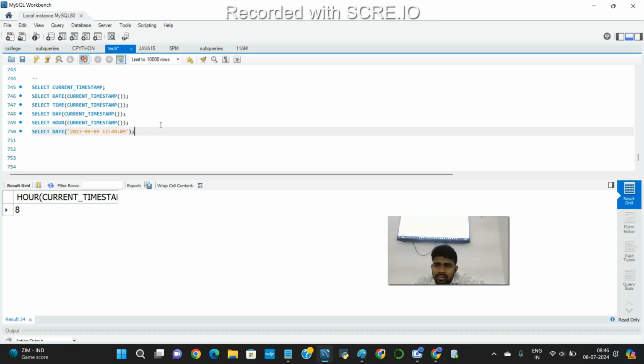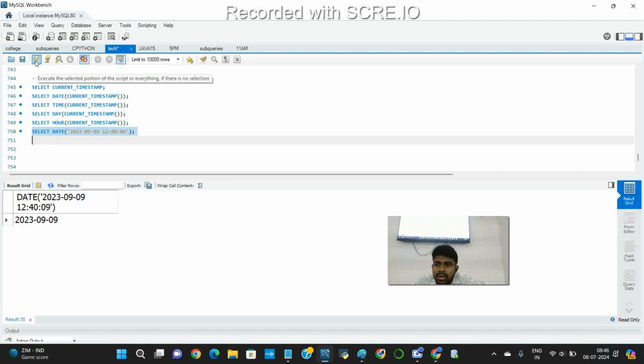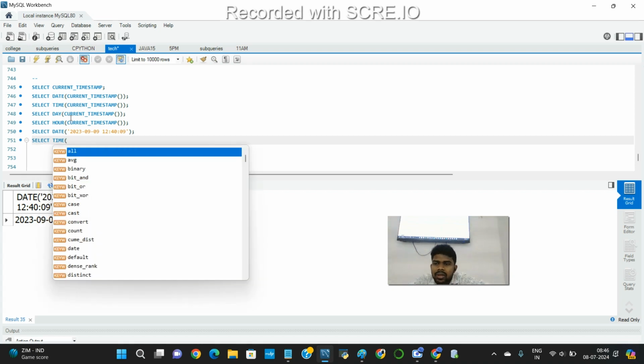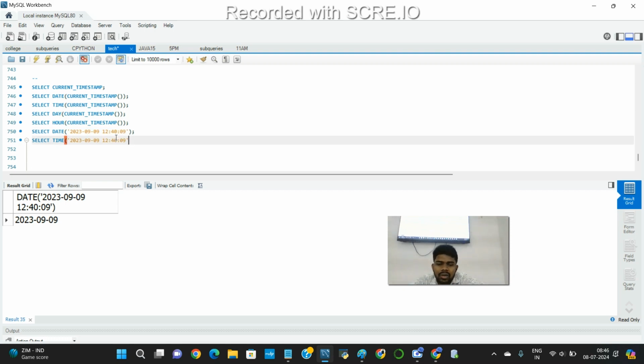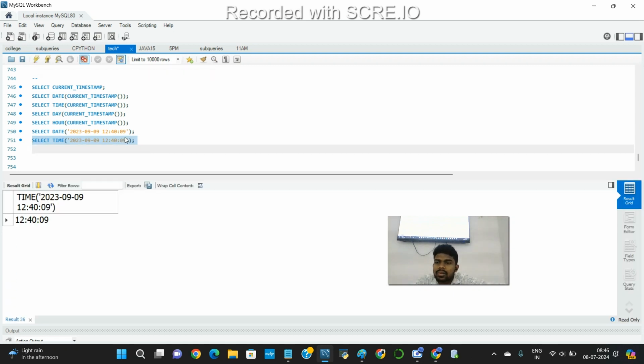I want to fetch the date from this. Yes, the date is 2023. Similarly, I want to fetch the time. Select the time of, take the same. Exactly. So it is fetching the time.